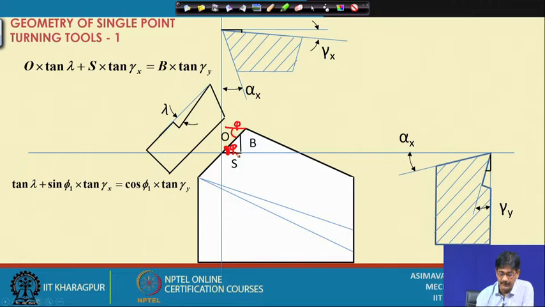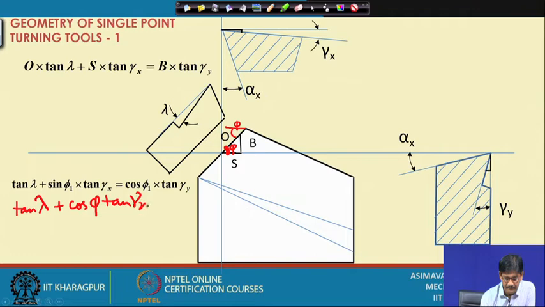Now, I hope this figure is clear enough for you to understand. So, if this is phi, then S by O will come out as cos phi. Okay. So, we write tan lambda plus cos phi into this distance, once again tan gamma x as found out here, equal to sin phi into tan gamma y.